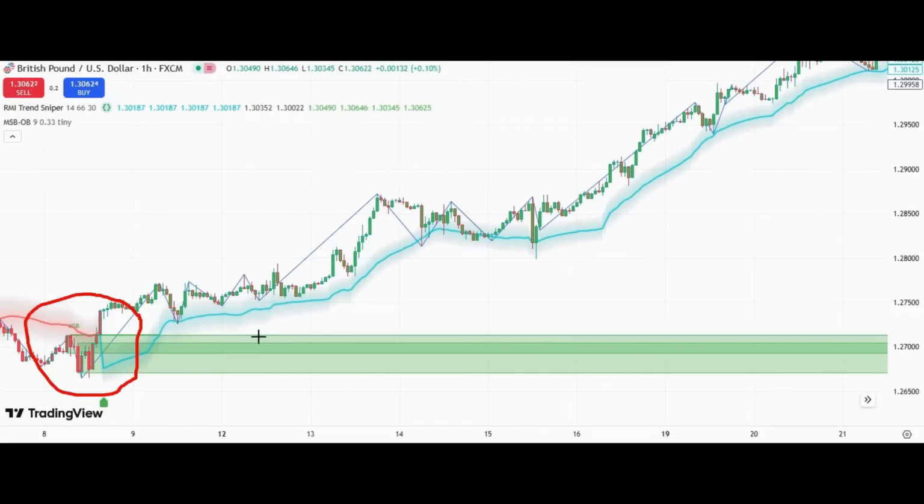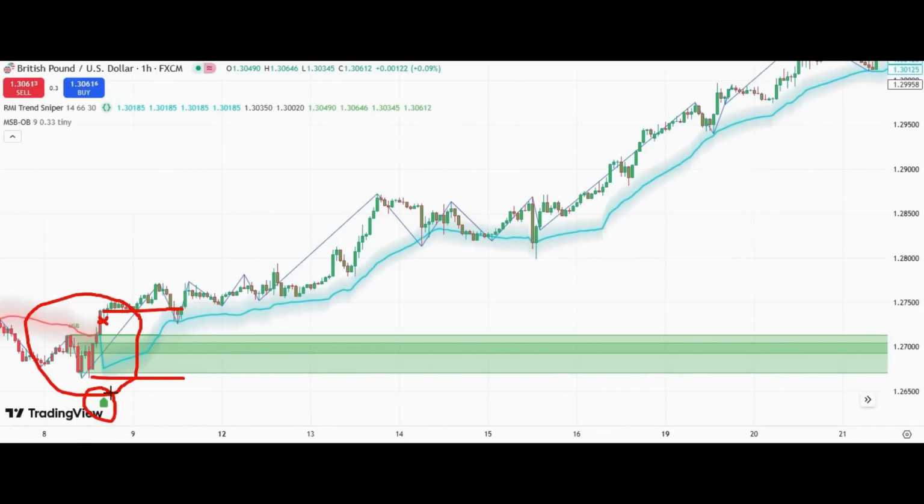There is a market structure within this region, and this becomes our base for this particular time. And the moment we get this signal here, which happens on this candle, once this candle closes, we open our buy trade and we place our stop here and we allow the trade to run.